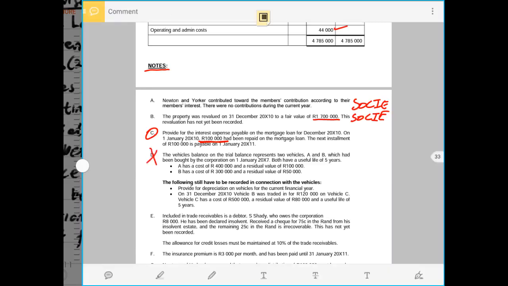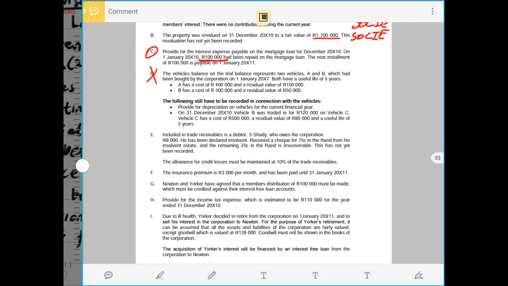Then after we go to number E. Number E says that included in the trade receivables is a debtor, S. Shady, who owes the corporation 8,000. He has been declared insolvent and received a check for 75 cents in the rand from his insolvent estate, and the remaining 25 cents in the rand is irrecoverable.